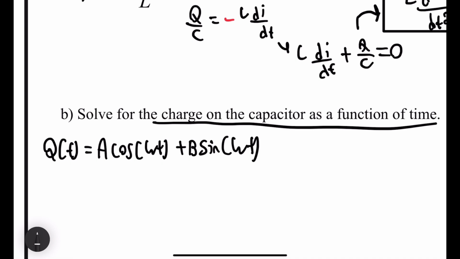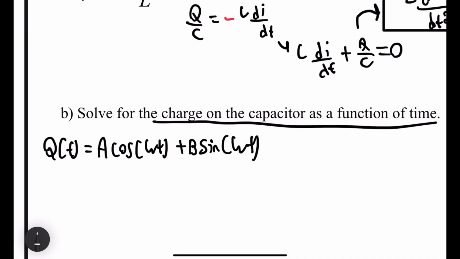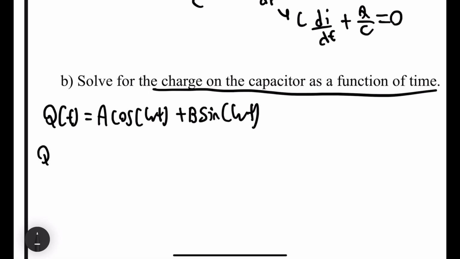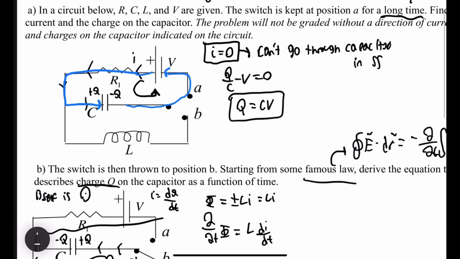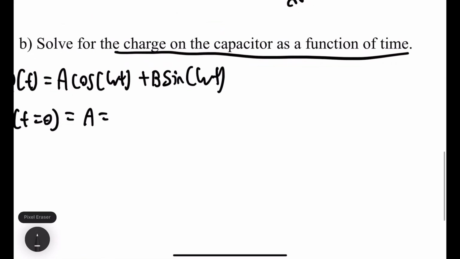And for this one, you need two initial conditions. So let's start with Q at t equal to 0. So I would have A cosine of 0, which is 1, plus B sine of 0, which is 0. And this will be equal to the initial charge that I have up here, which is CV. So then A will equal CV.